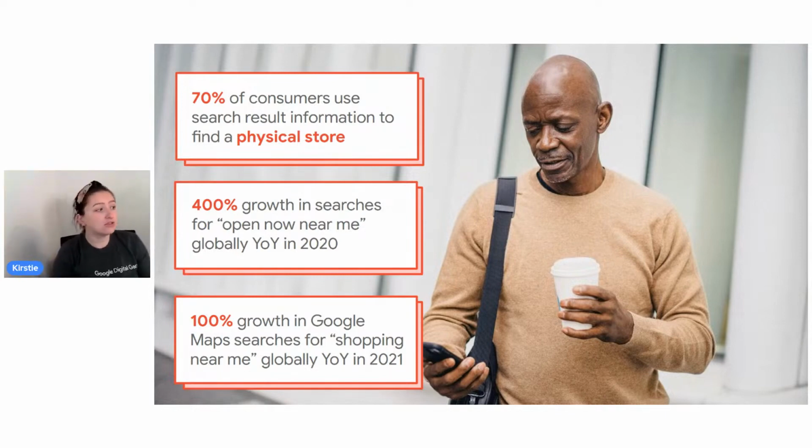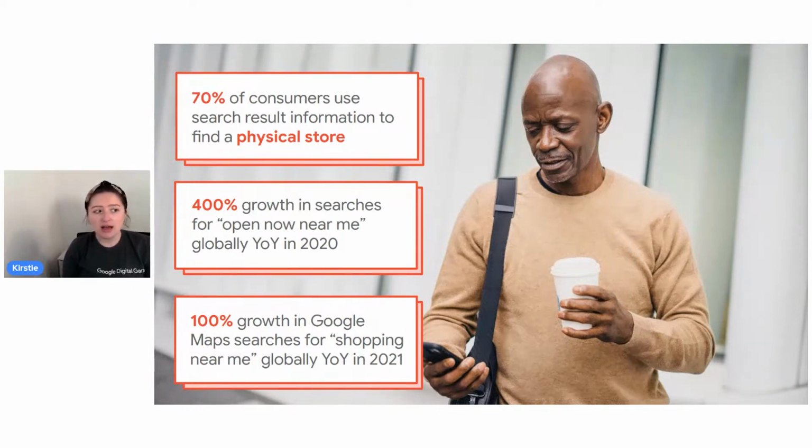And some statistics on the screen: 70% of consumers use search result information to find a physical store. Now, that's a huge percentage. Think about the way that you search using either maps or a search engine. When you're looking for a specific place, do you search things like coffee shop near me, cafe near me?